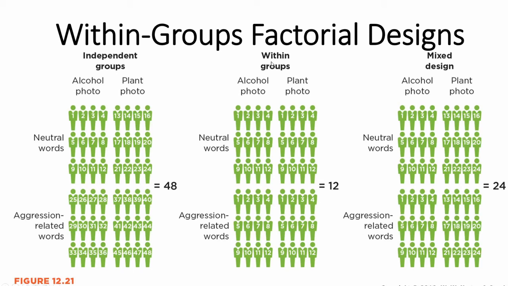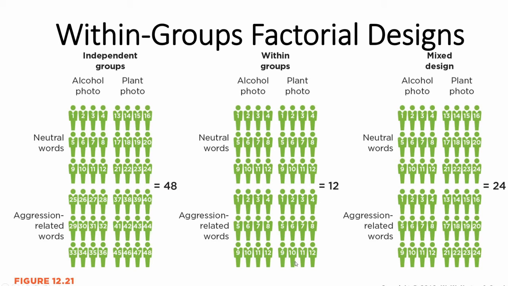The design that probably works a little bit better with showing a picture of alcohol or a plant and then identifying neutral or aggressive words is a full within groups design, where the same 12 people are shown alcohol pictures and plant pictures and are then asked to identify both neutral words and aggression-related words. So you can compare the same people across all 4 different unique conditions.